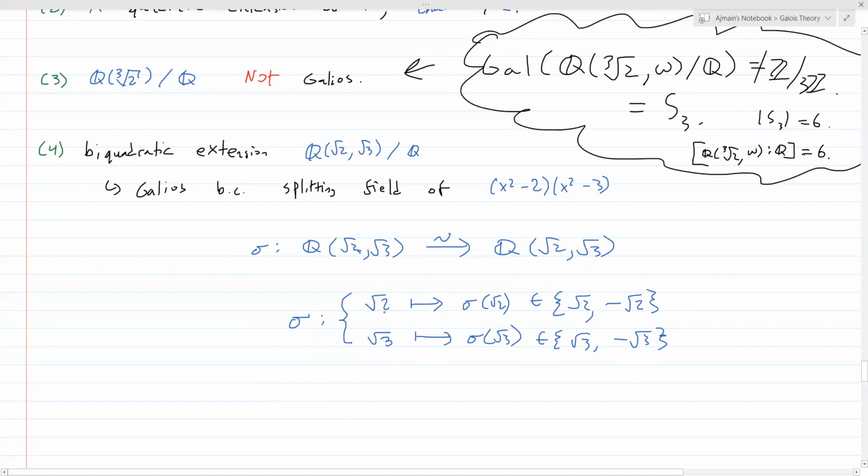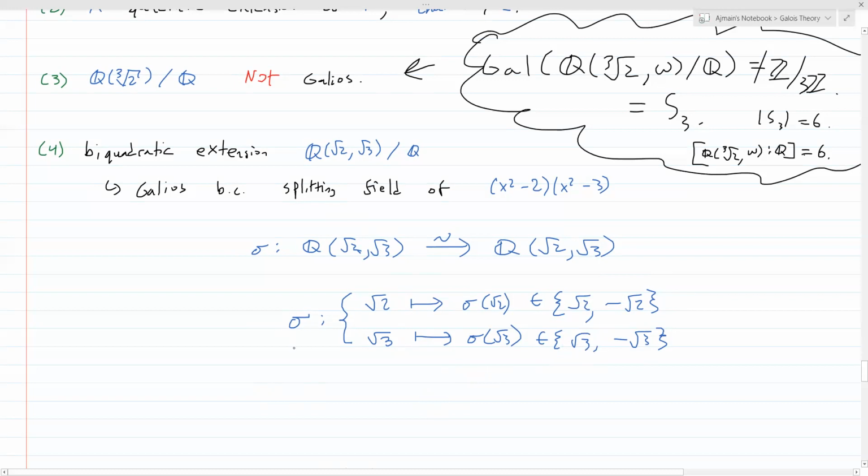If I send square root of 2 to minus square root of 2 and square root of 3 to square root of 3, if I make a certain choice, then that's a valid automorphism.